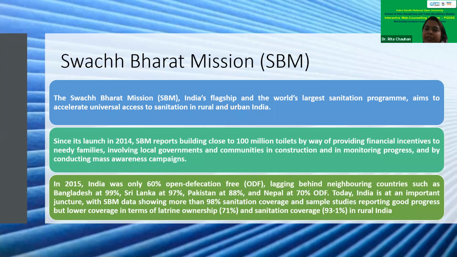For example, in 2015, India was only 60% open defecation free, and India was also far behind its neighboring countries such as Bangladesh, Sri Lanka, Pakistan, and Nepal. But today, India is at an improved junction, with data showing that 98% of sanitation has been covered. But still, we have only 71% latrine ownership, and the coverage of sanitation is only 93% in rural India. We have yet to achieve the target.